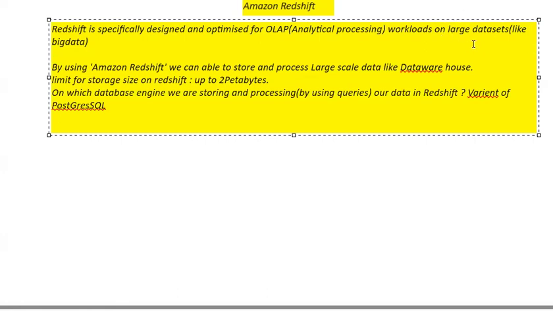Since you have large data sets for OLAP workloads, analytical processing workloads, that's why you choose Redshift. For OLAP workloads, we choose relational databases. For OLTP, that is online transaction processing workloads, you use the DynamoDB database, which is a non-relational database.